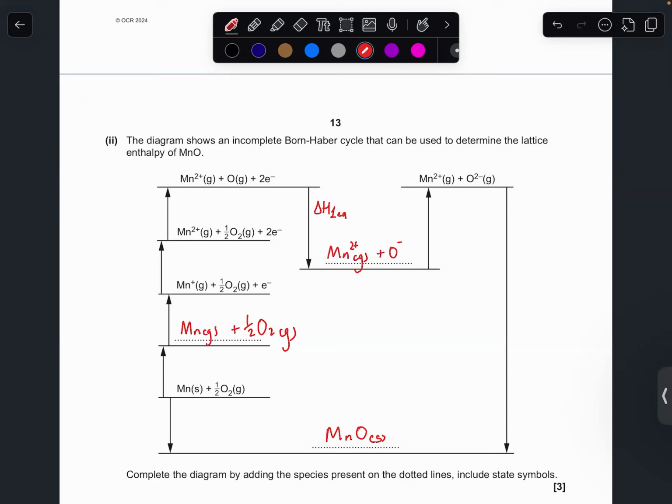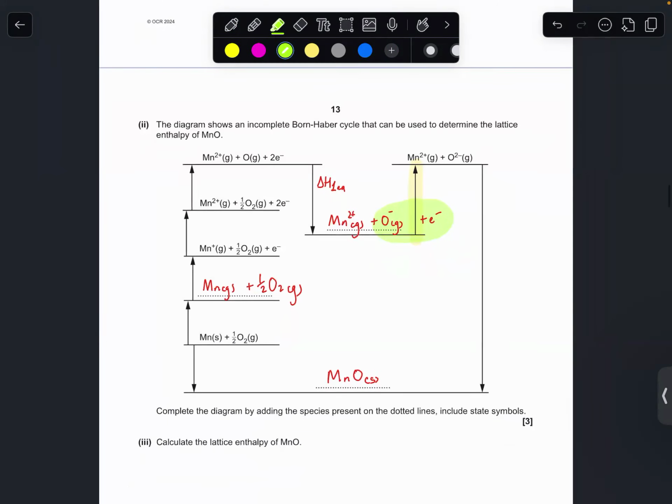Oxygen has now gained 1 electron, and there's still 1 electron left. That's what it would be. Mind you, with these enthalpy profile diagrams, the second electron affinity is always endothermic, because if you're trying to combine 2 negatively charged particles, you need to overcome that repulsion because it's the same charge. That's why it's an endothermic reaction. So these are your missing species.